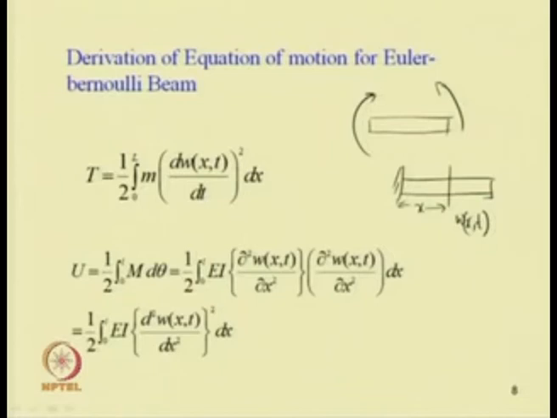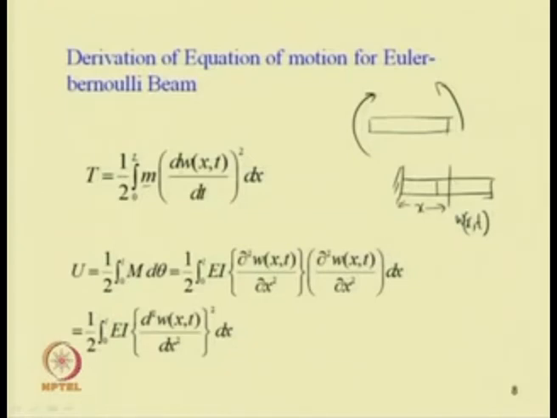So, one can find the equation of motion by using the extended Hamilton principle, or by using the simple Hamilton principle in case there is no non-conservative force acting on the system. Here the kinetic energy can be written as half, let m be the mass per unit length, then m dx is the mass of the small element, into velocity square.